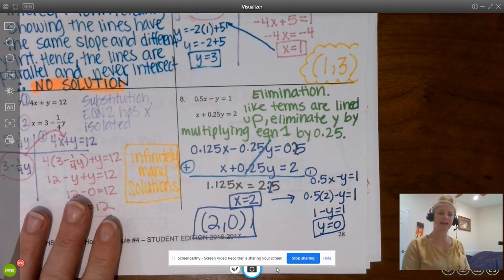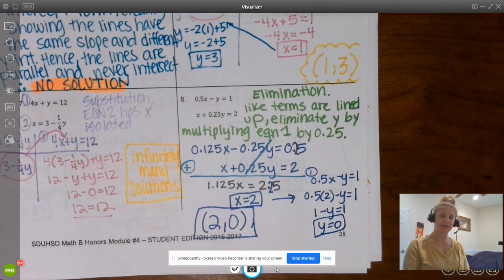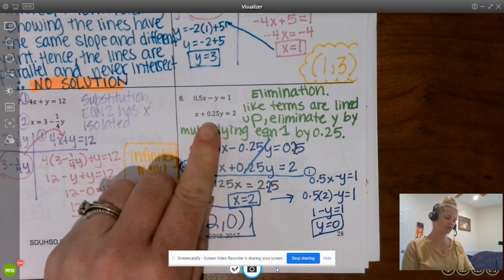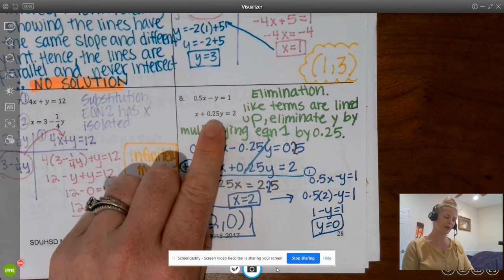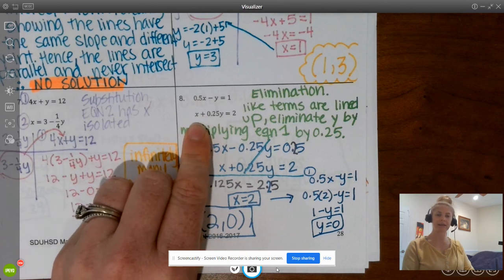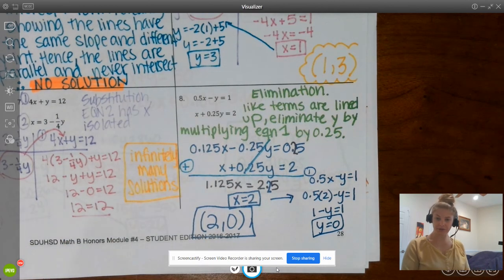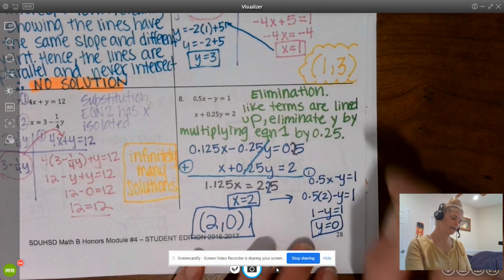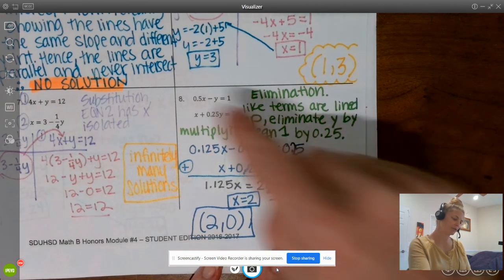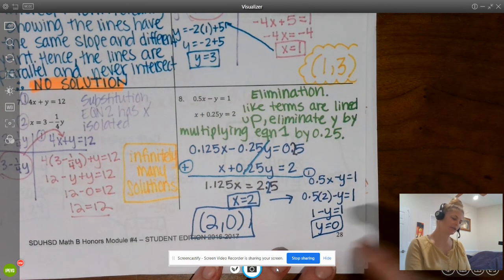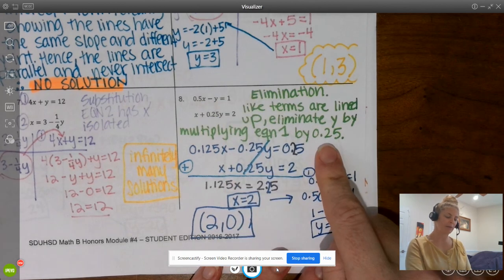And number 8, elimination is the most efficient here. You maybe said substitution because you can just subtract 0.25y from both sides and get x isolated. I totally understand that. Here, elimination, the like terms are already lined up, and all we have to do is multiply equation 1 by 0.25, which is just as efficient.